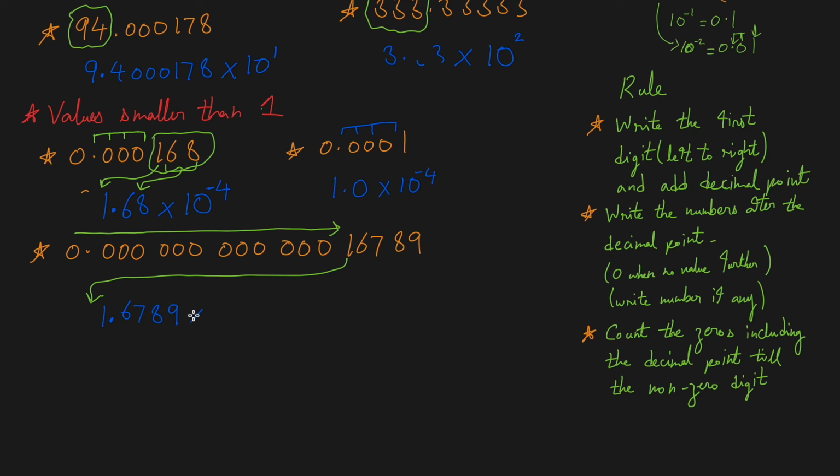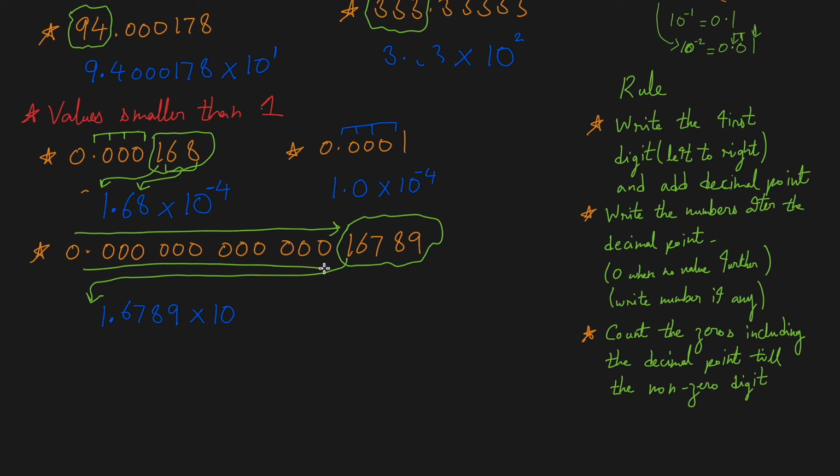1.6789, multiplication sign, and then tens power. So how many tens power will it be? Well, we already found the non-zero value, so we will just neglect them, and we will calculate with the number of zeros including the decimal point.